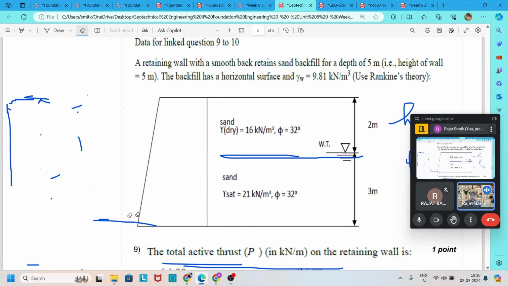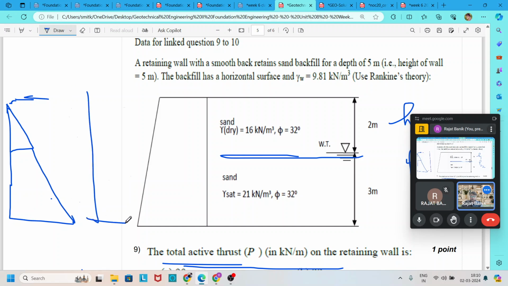Question number 9 is similar to question number 10 of the assignment problem of 2020. So here it is h1 height, this one is h2.